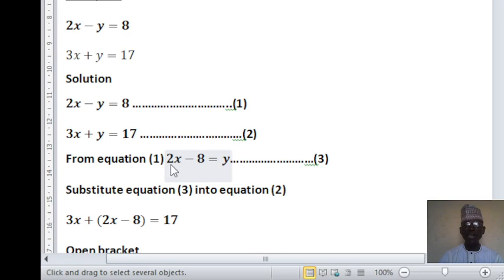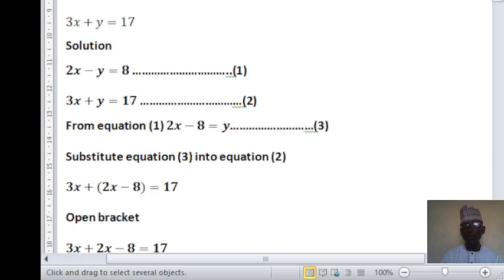So in equation 2, 3x plus y, our y now becomes 2x minus 8, equals 17. And that's exactly what we did here. I hope we are following.